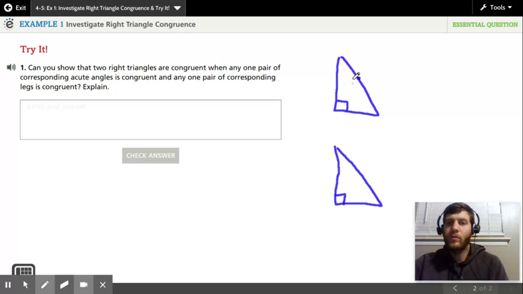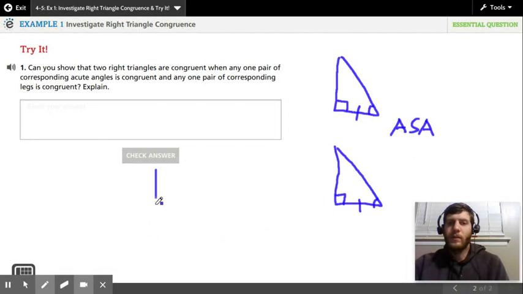If we pick one pair of angles here and say they were congruent, and any one pair of corresponding legs, it doesn't matter, if we pick this pair of legs here, these two triangles will now be congruent by angle, side, angle.